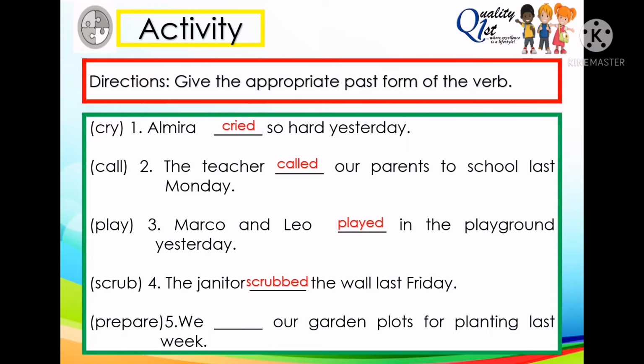Okay? Now, for number 5, we blank our garden plots for planting last week. Now, the verb is prepare, and it ends with letter E. What you're going to do is you just have to add letter D to form its past tense. Well done, kids.